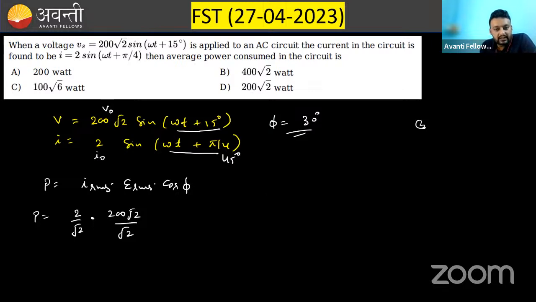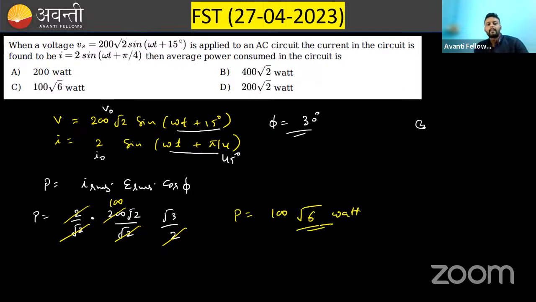Cos phi is cos 30 and cos 30 is root 3 by 2. Now you can solve this. Root 2 and root 2 will be cancelled. This 2 will become 100. So P will be 100 root 6 watt.